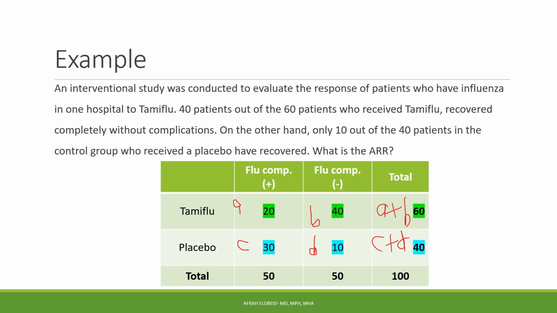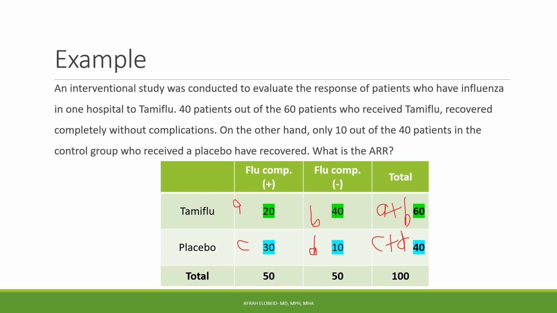When we talk about columns, we talk vertical. The vertical cells, we label them by the outcomes. And the rows, which are the horizontal cells, we label them with our intervention or our exposure, depending on the type of study. That will save us a lot, and that will secure our calculation in the future.